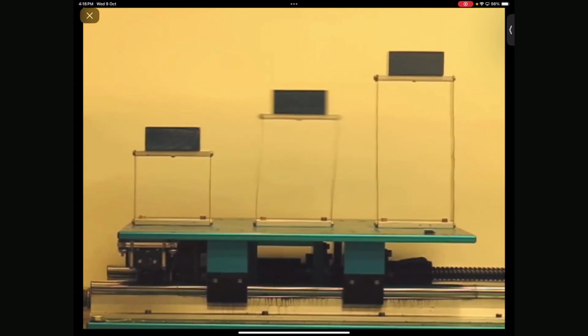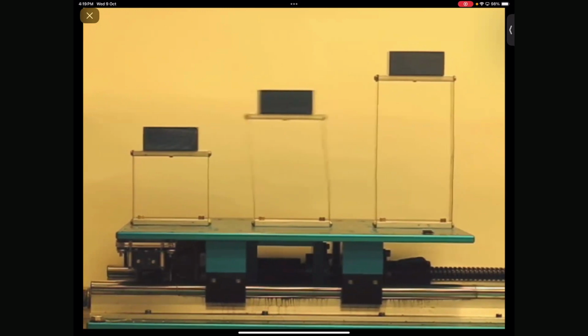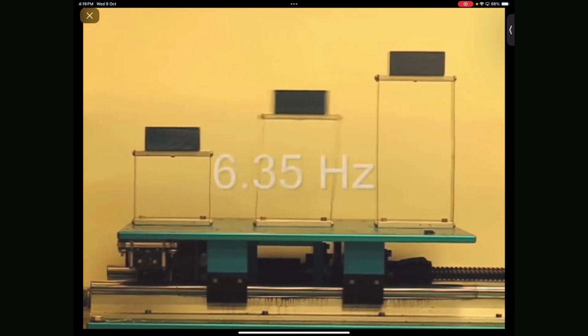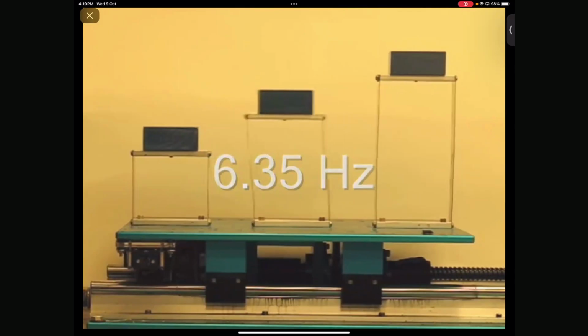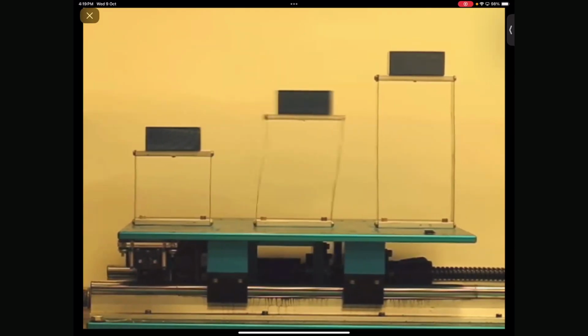Eventually it becomes very exaggerated, oscillating with very high amplitude. Its natural frequency is 6.35. Whenever your forced frequency and natural frequency match, the system amplifies itself, through energy transfer.